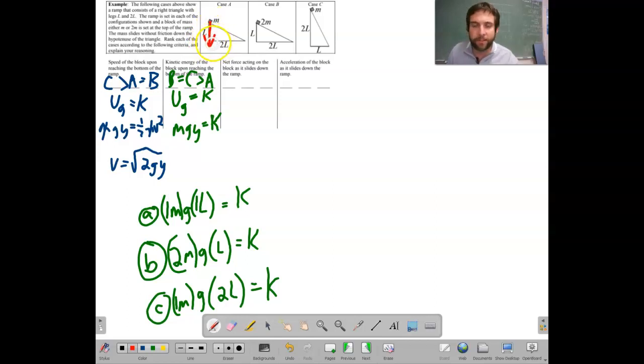Gravity is not acting to drag this thing down the ramp. Instead, what's acting is the parallel component of gravity, which is mg sine theta. That's what we're ranking here. Because the only force acting, the stuff that makes it go, equals mg sine theta, equals mass times acceleration. F equals mg sine theta.